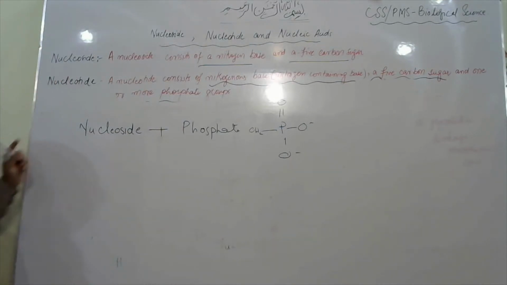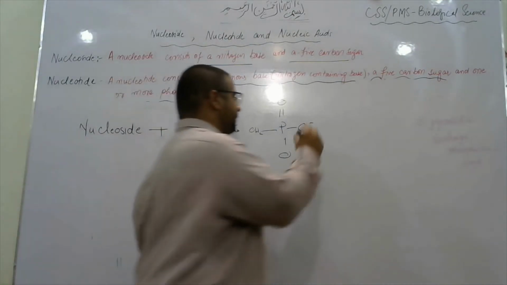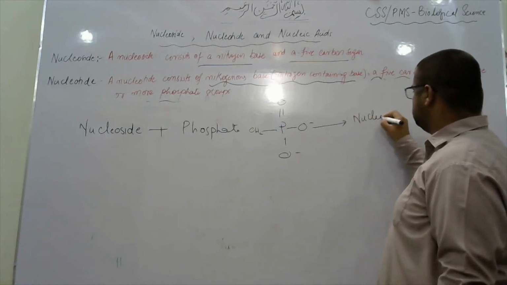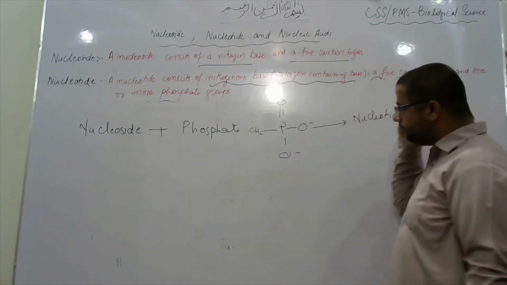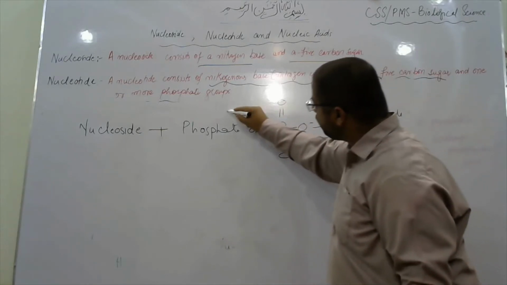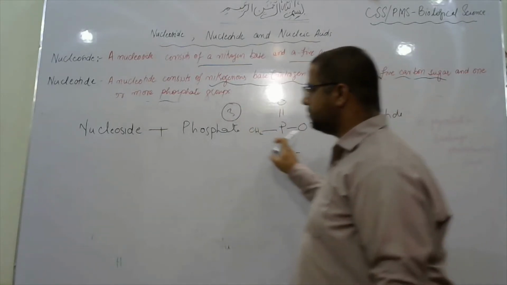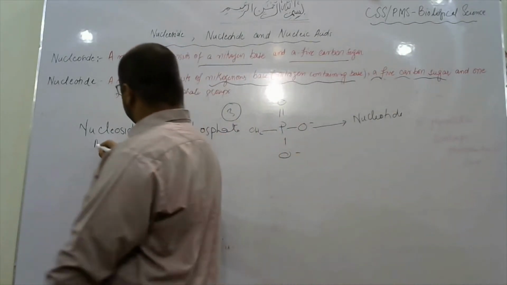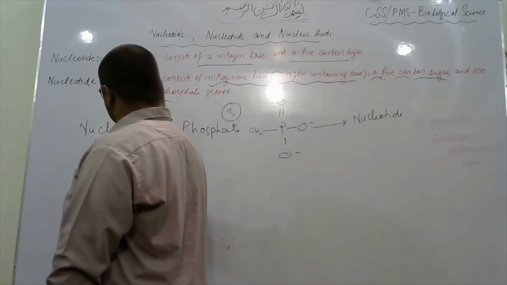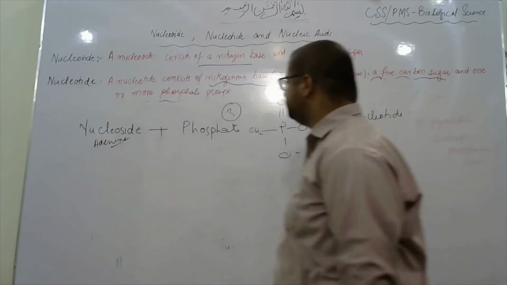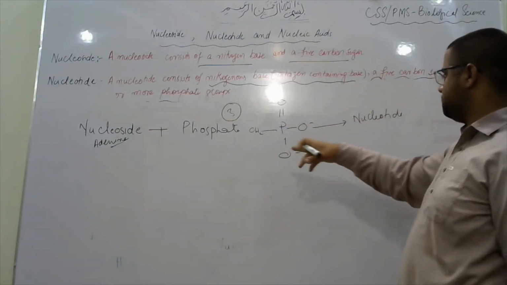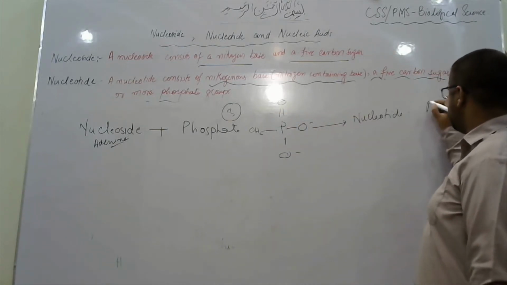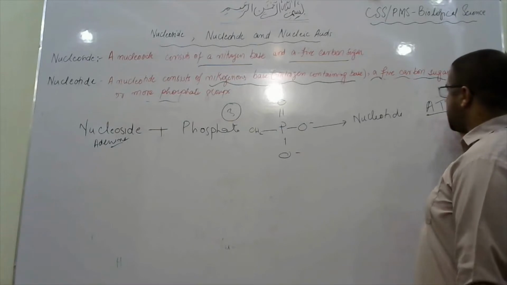So when a nucleoside attaches the phosphate group, it forms a nucleotide. Up to three phosphate groups can attach to the nucleoside. Suppose it's an adenine nucleoside. What will it form? Adenine with the ribose sugar and three phosphate groups forms ATP, adenosine triphosphate.